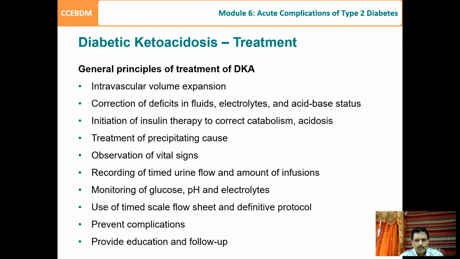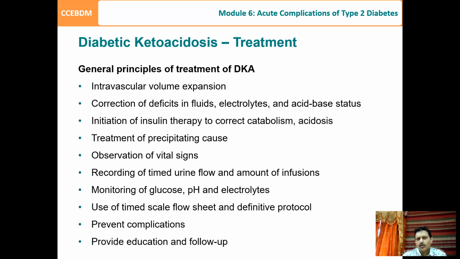There is no point in correcting the hyperglycemia within a few hours. If it takes, say, 12 hours or 24 hours, it hardly matters. Be slow and steady. If the glucose level comes down 30 to 50 milligram per dL, I am very happy as far as the infusion rate is concerned.